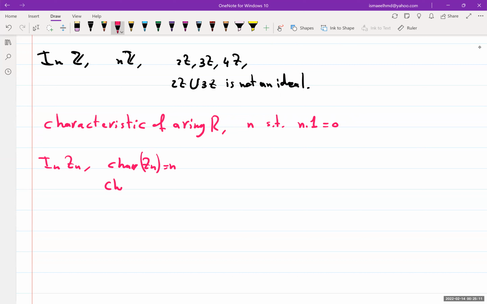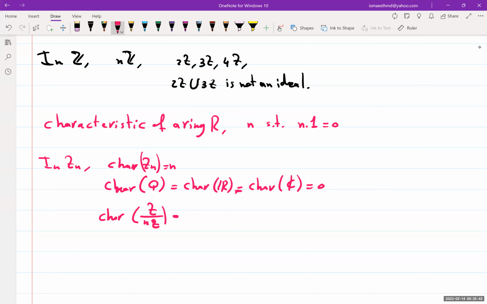Also the characteristic of Q, the characteristic of the set of real numbers, and the characteristic of the field of complex numbers is 0. Also the characteristic of Z over nZ is n.